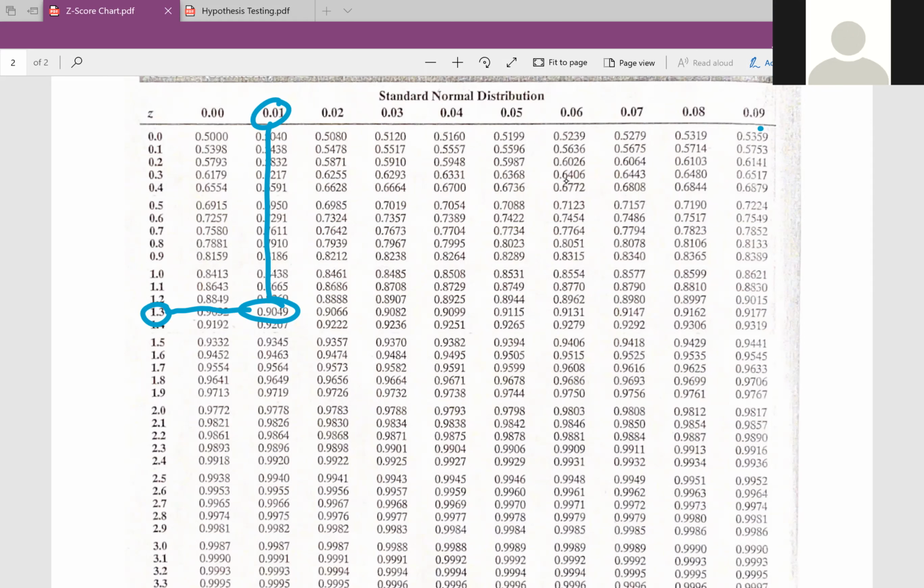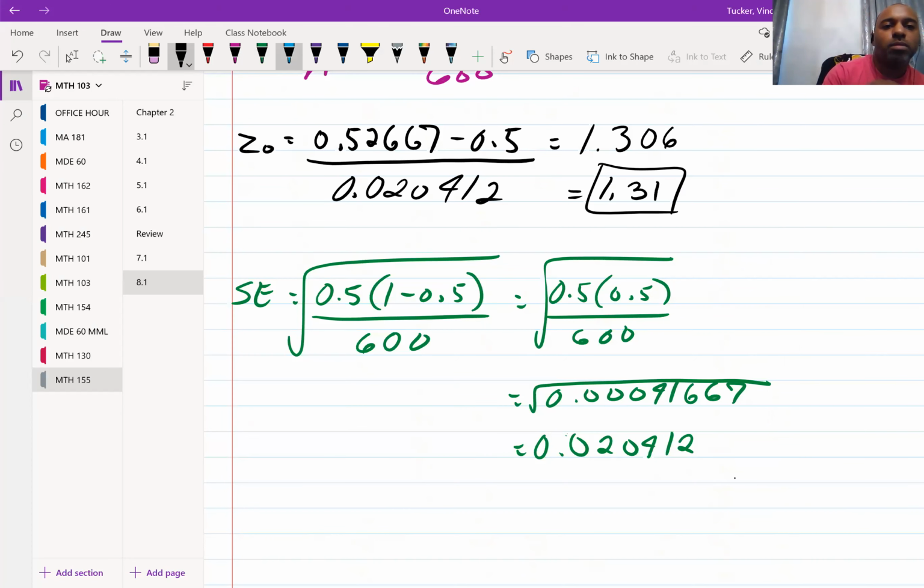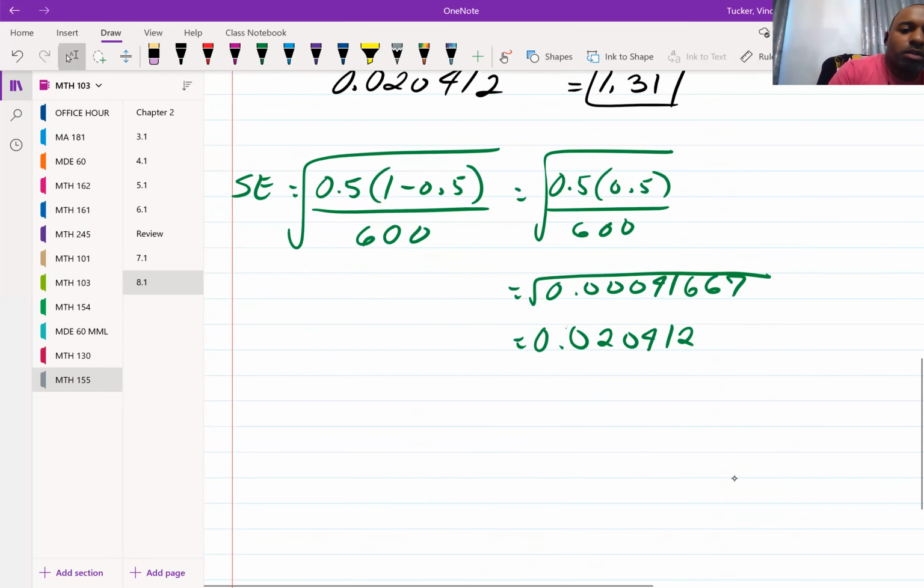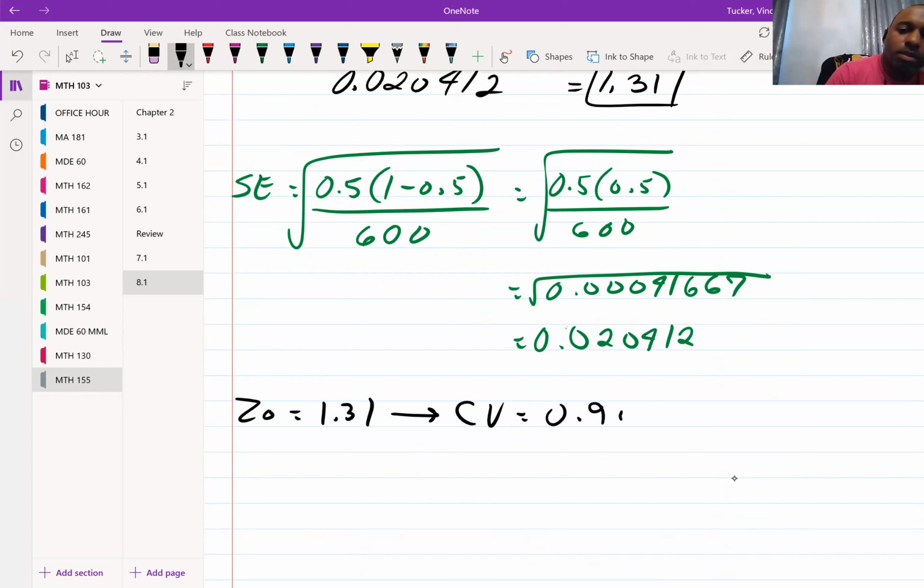All right. So that's 0.9049. Let's go back to our notes. All right, so our test statistic was 1.31. The chart value is 0.9049.